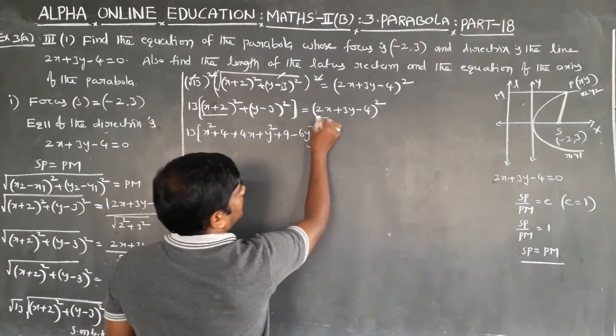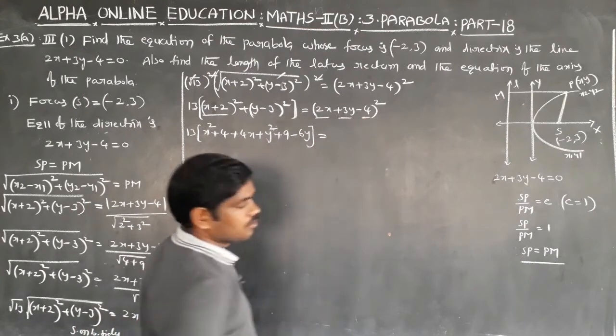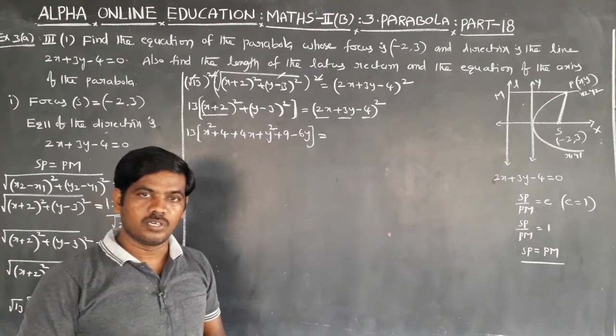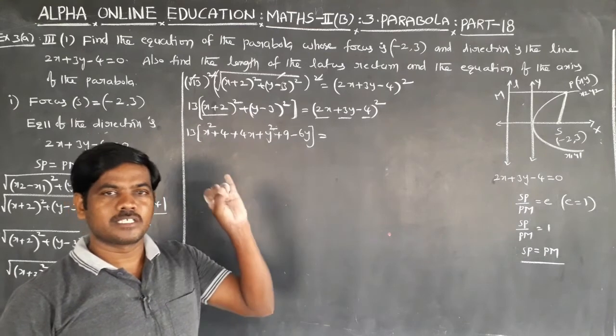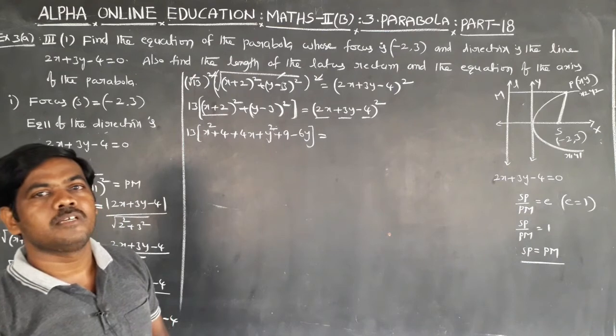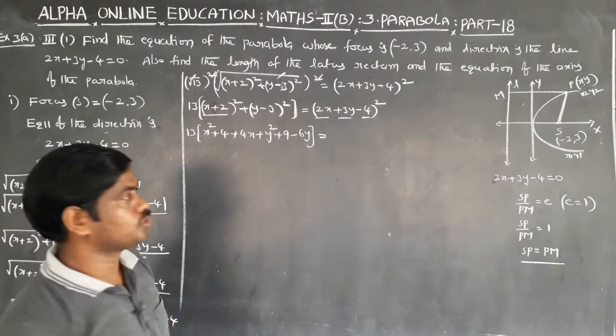This is (a + b + c) whole square, equal to a square plus b square plus c square plus 2ab plus 2bc plus 2ca.